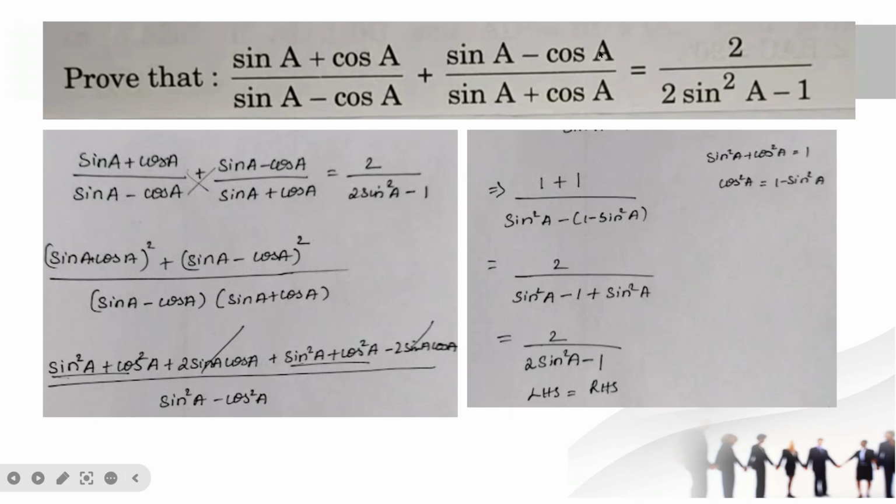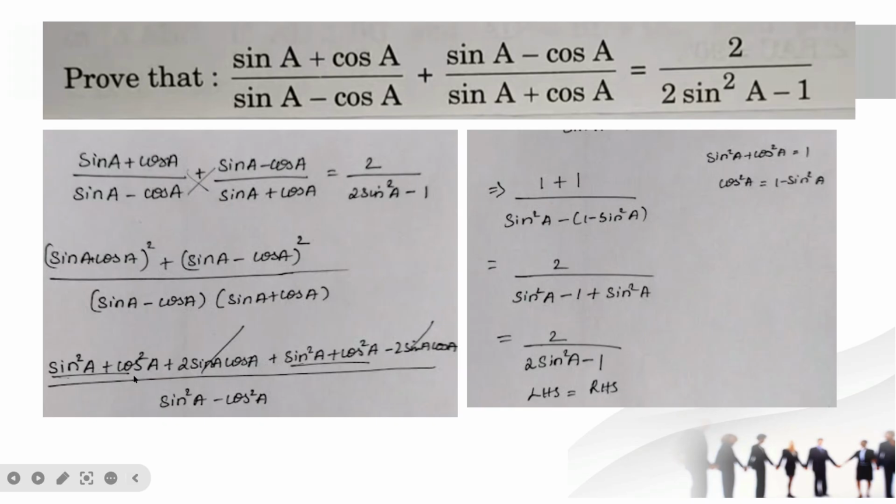Sin A minus cos A, here also sin A minus cos A. So you are cross multiplying, which means sin A plus cos A the whole square you could write. Here sin A minus cos A, sin A plus cos A. It looks like A plus B, A minus B. Okay. You just expand A plus B the whole square, like that you expand. A square plus B square plus 2AB will come. Here A square plus B square minus 2AB will come.